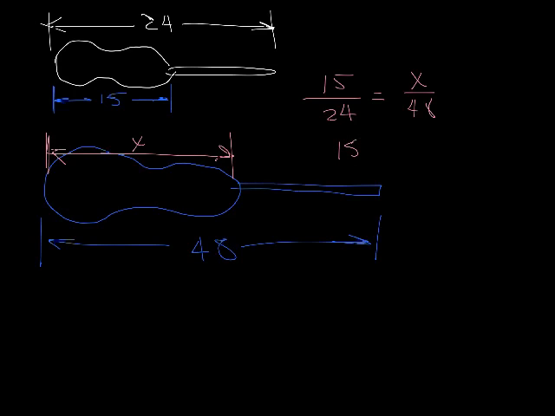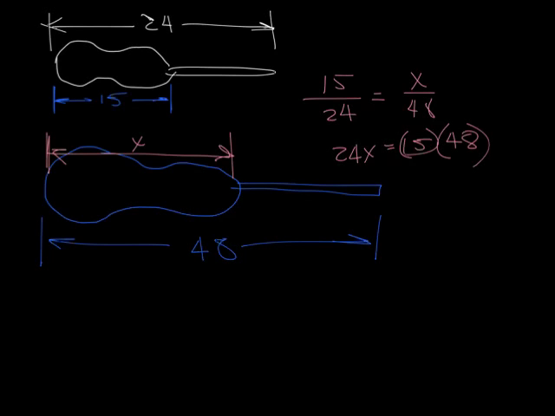So I get 24x equals 15 times 48. And 15 times 48 is 720.